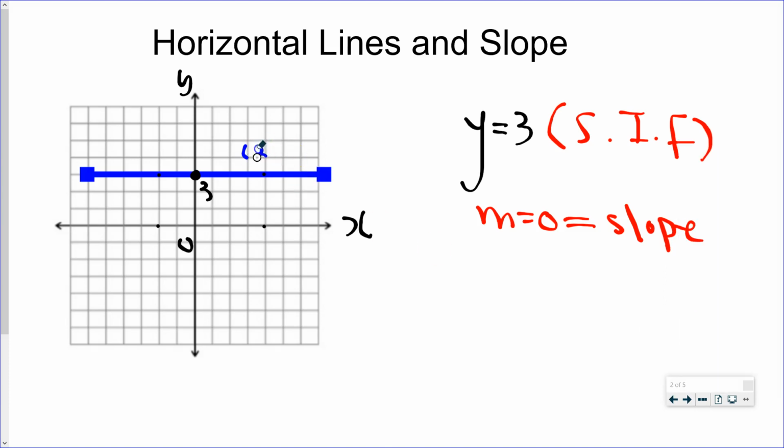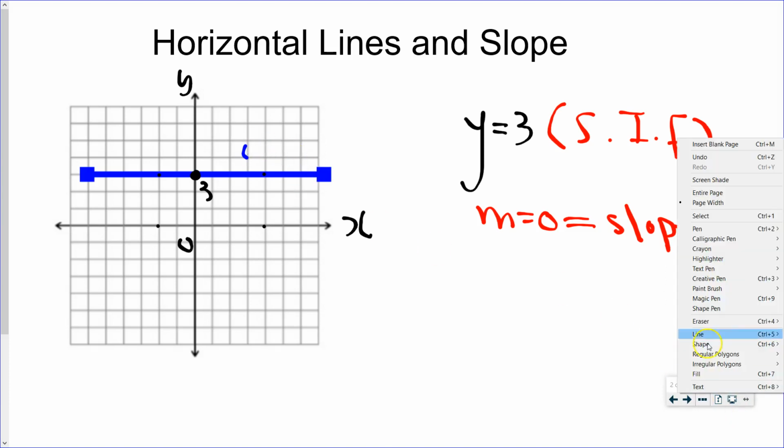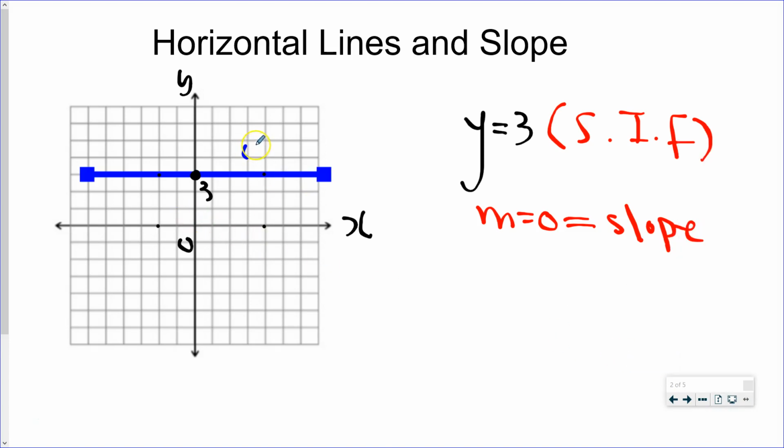Erase this first. This point is going to be 4, 3, and I can pick any other point. This is -2, 3. So with these 2 points, I can toss them into my slope equation.